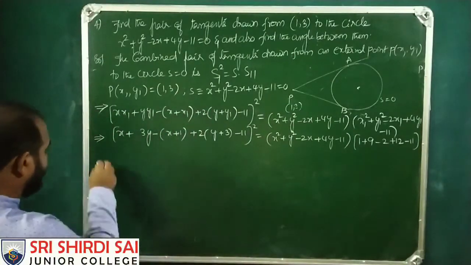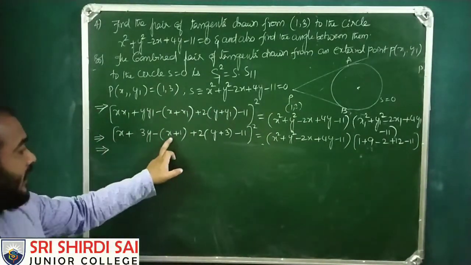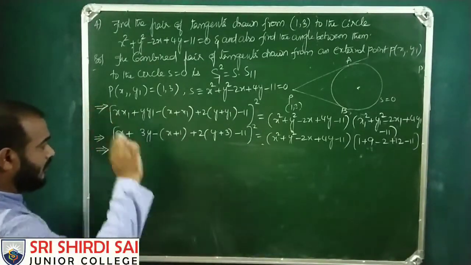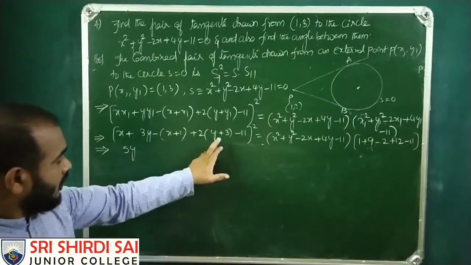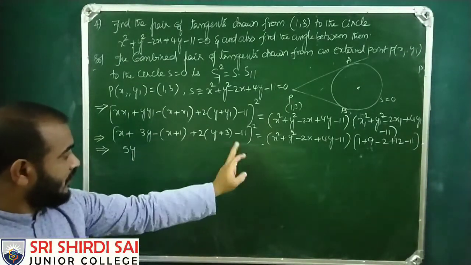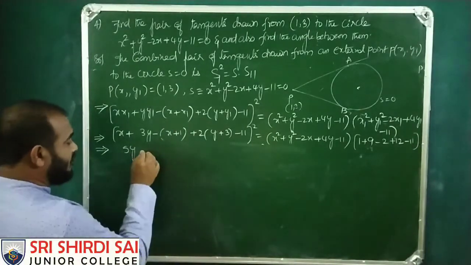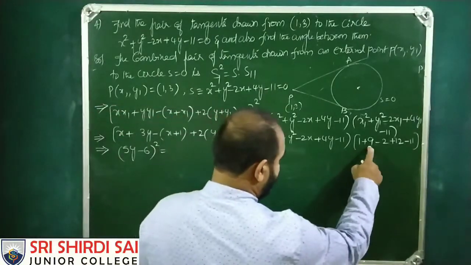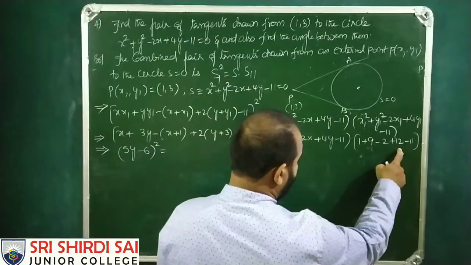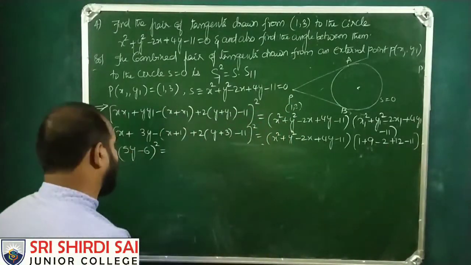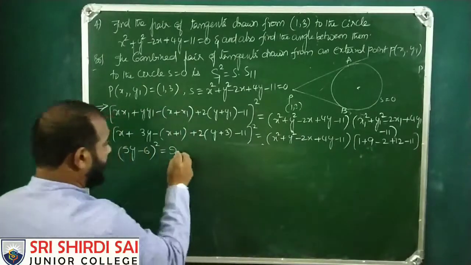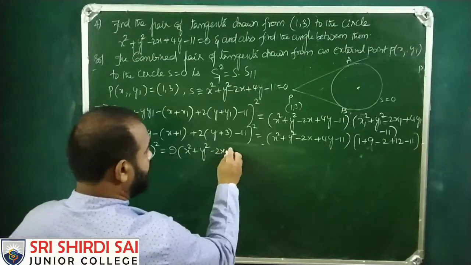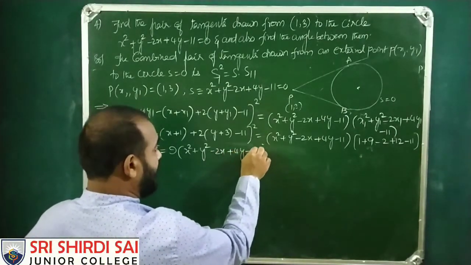Here x minus x gets cancelled. This is 3y plus 2y which is 5y. Next, this is minus 1 minus 11 minus 12, plus 2 threes are 6. So minus 12 plus 6 is minus 6, whole square, is equals to 1 plus 9 is 10, 10 plus 12 is 22, minus 13, that is 9. So this is 9 into (x square plus y square minus 2x plus 4y minus 11).